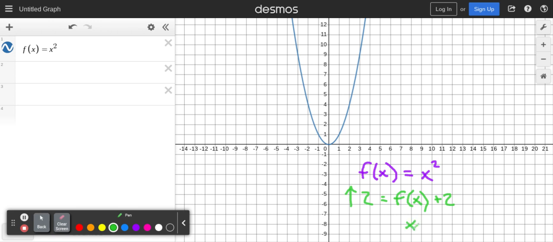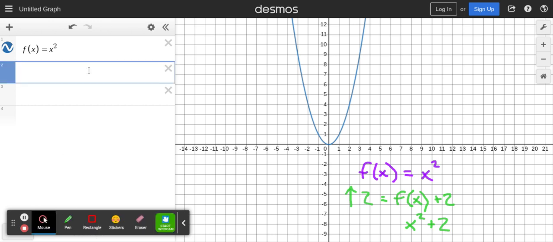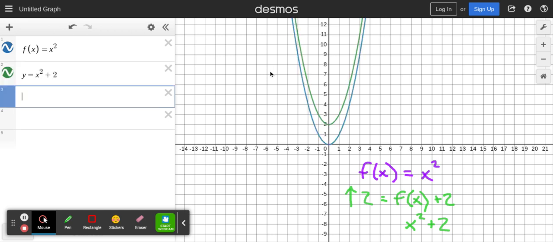So we're going to write it as x squared plus 2 if we want to go up by 2. So here we go y equals x squared plus 2. All right, and there we have it done, plus 2.